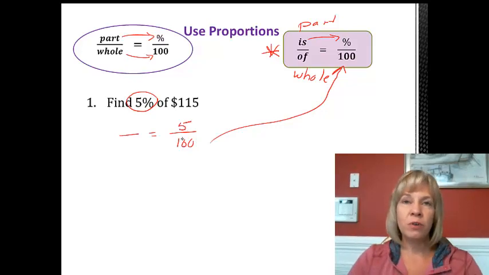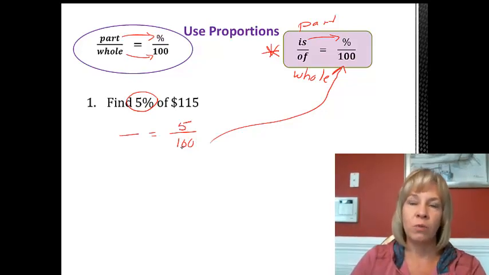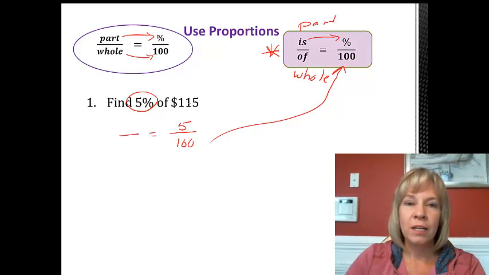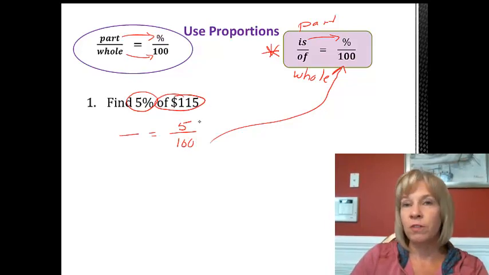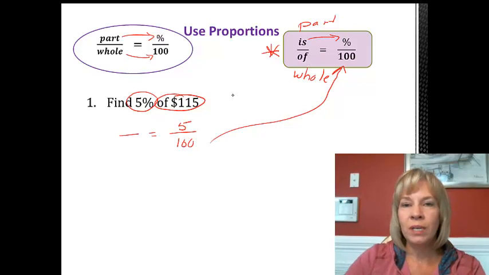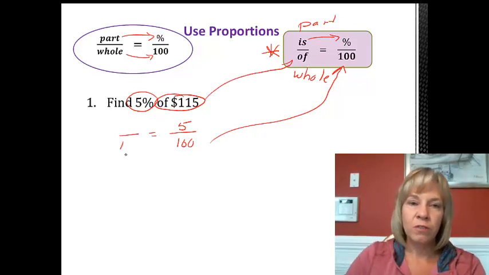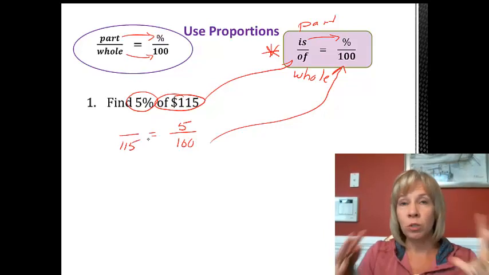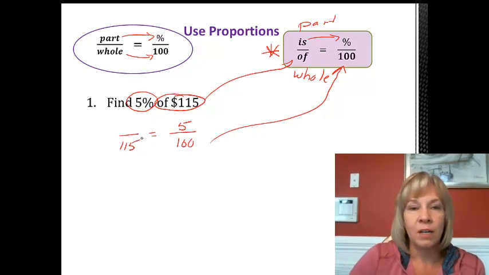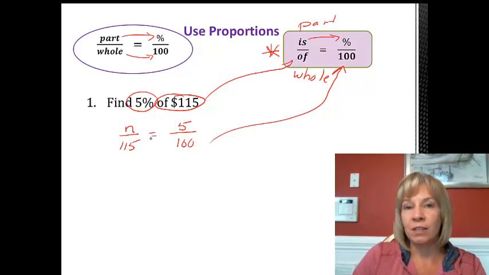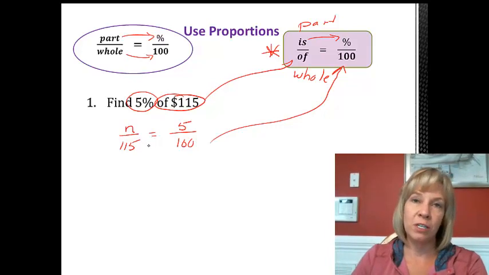So whatever number is our percent goes above the 100. Then it says of $115. That would be this right here, the "of". $115 is our total, and we want to find this 5% of that $115.